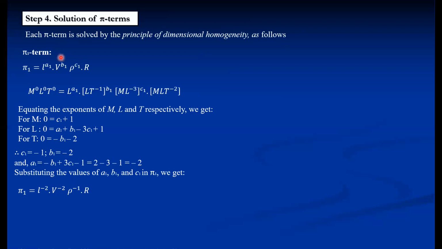B raised to B1, means B1 power is -2. Rho raised to C1, that is C1 power, that is -1, into R. If we rearrange the terms, because all these have negative powers, all these terms go in the denominator. So pi 1 is equal to R upon rho, because rho power is 1, L power is 2, rho L square V square, because this is a printing mistake, that is L square V square. So R upon rho L square V square is the pi 1 term.